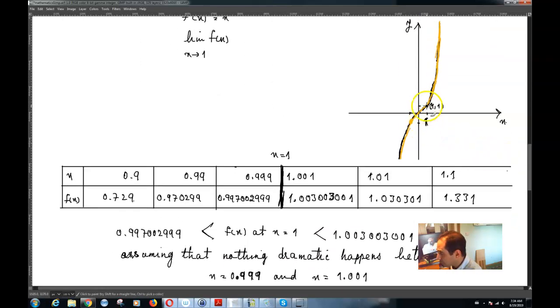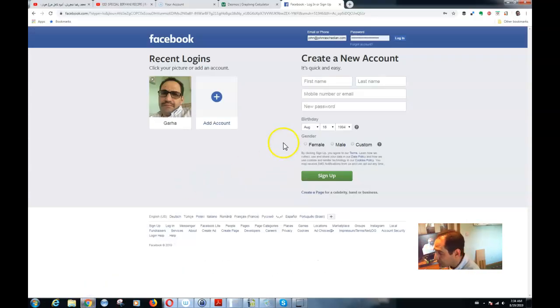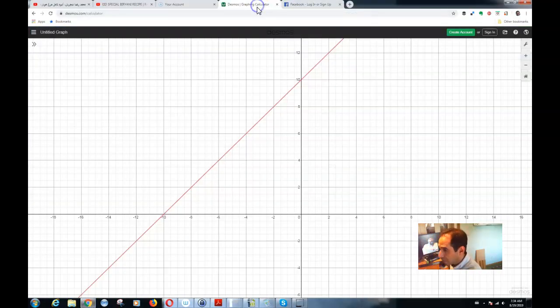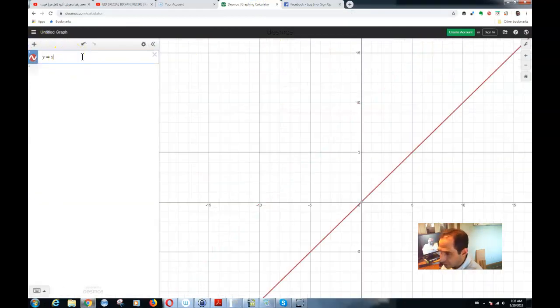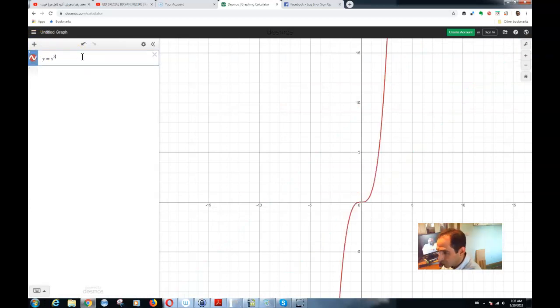Because again, the graph of the function is not just this graph over here that you can see. This is not a proper graph, but suppose that I enter f of x or y is equal to x cubed.